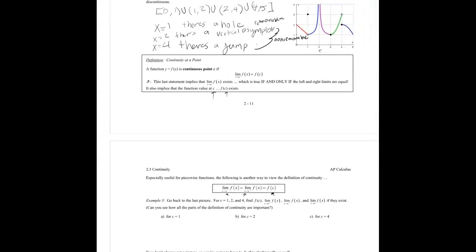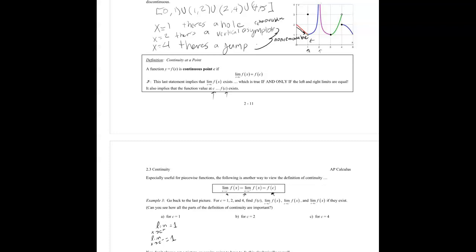So can we see how all parts of the definition of continuity are important? For c is equal to 1, we're going to zoom out just a little bit more so I can have it all at once. For c is equal to 1, the limit as x approaches c from the right, coming in from the right, should be at 1. The limit as x approaches c from the left should also be 1.